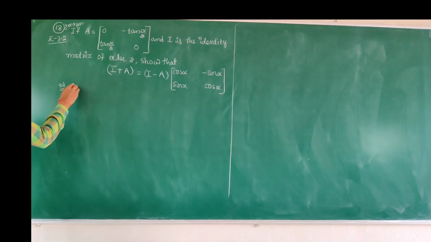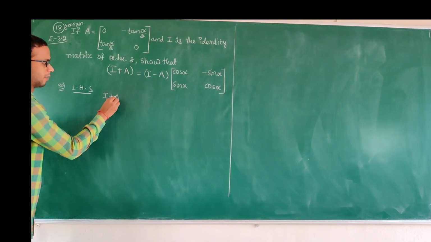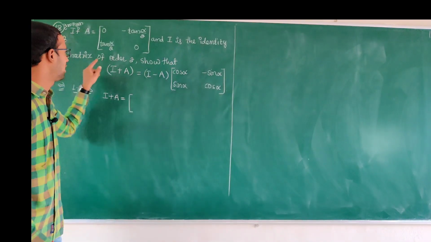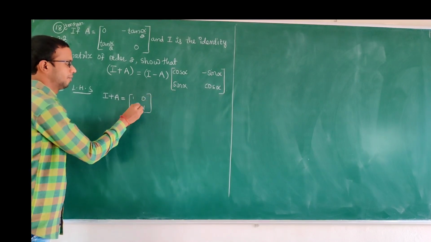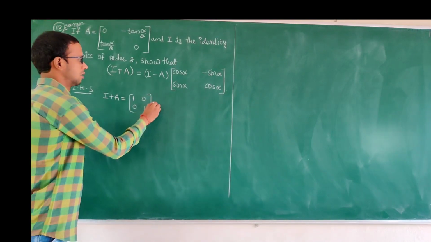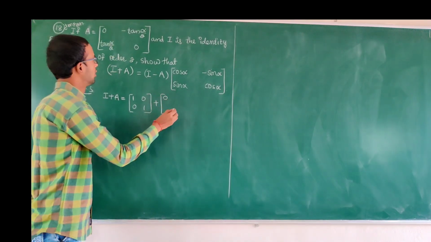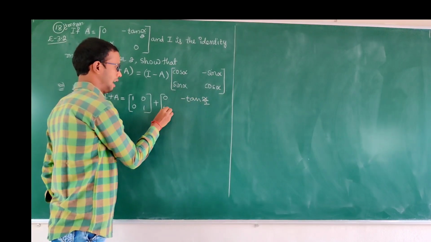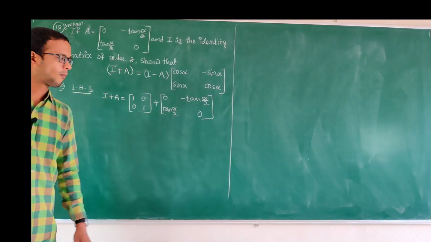Solution. LHS I'll find first: I plus A. What is I? I is the identity matrix of order 2, 1 0 0 1, plus capital A. What is capital A? 0 minus tan alpha by 2, tan alpha by 2, 0.